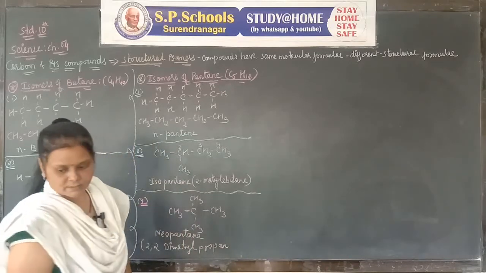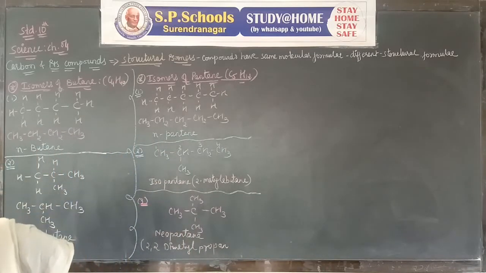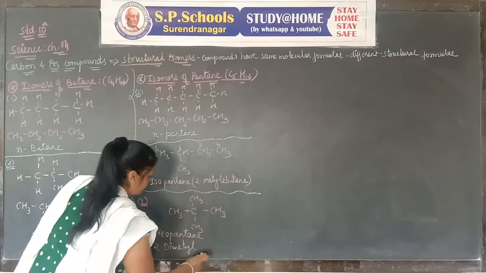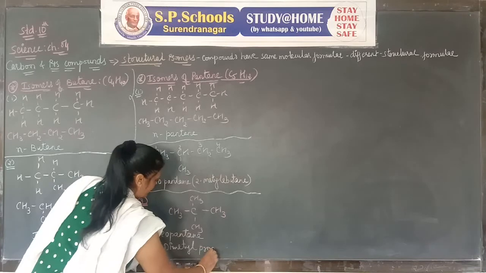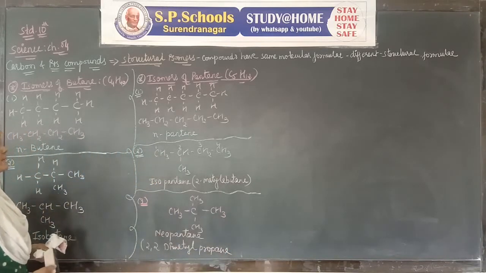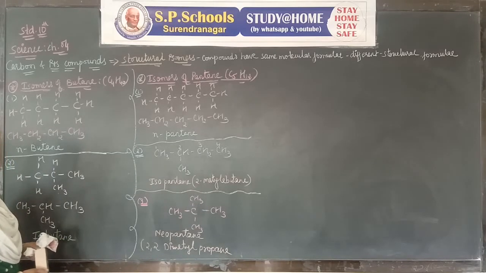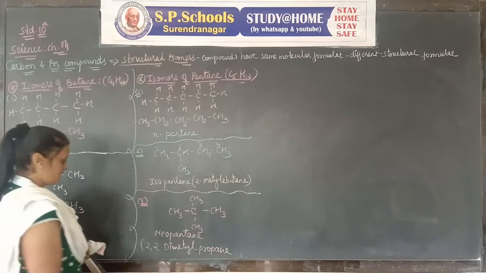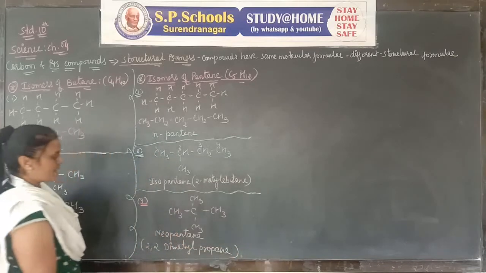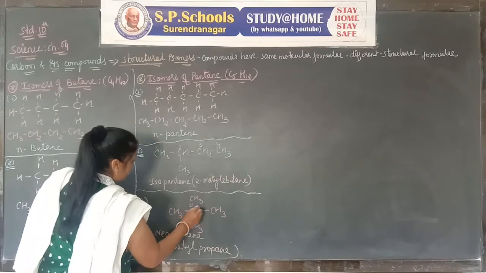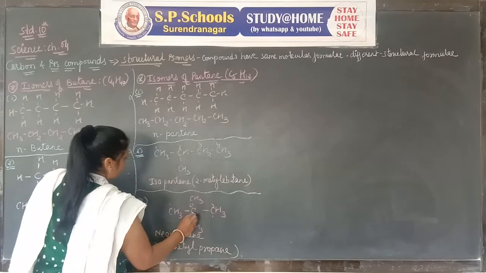Let's write again clearly: 2,2-dimethyl propane. So 3 isomers of pentane will be present: n-pentane, normal pentane; isopentane, or you call it 2-methyl butane; and neopentane, or you call it 2,2-dimethyl propane, because the numbering is the same from left to right or right to left.